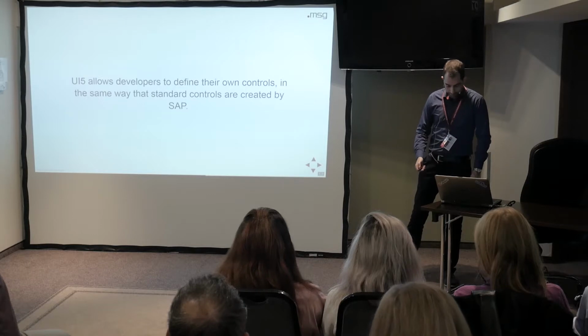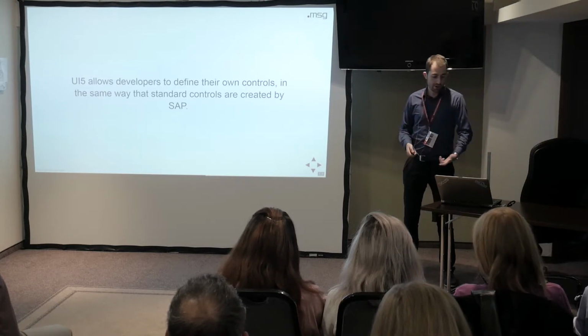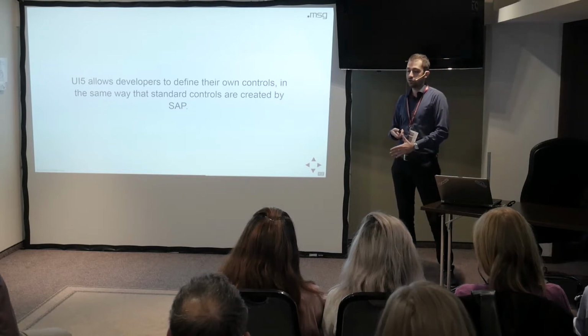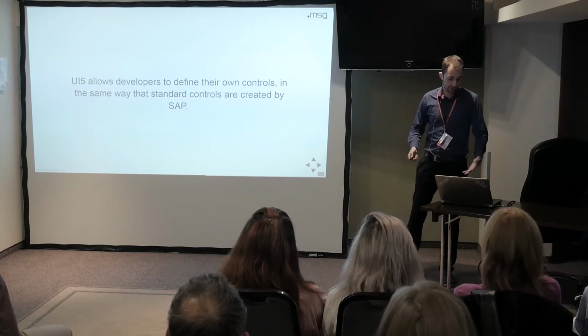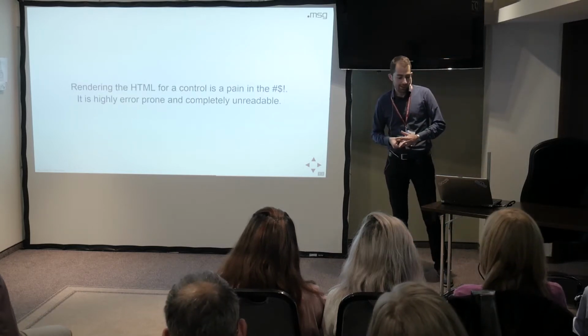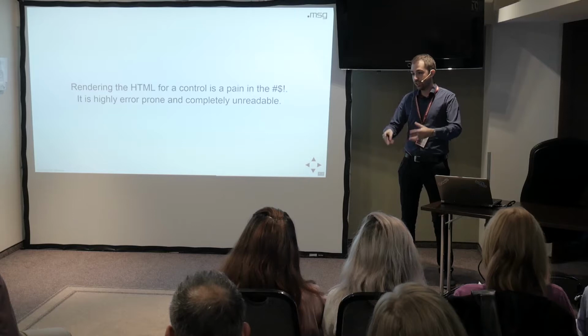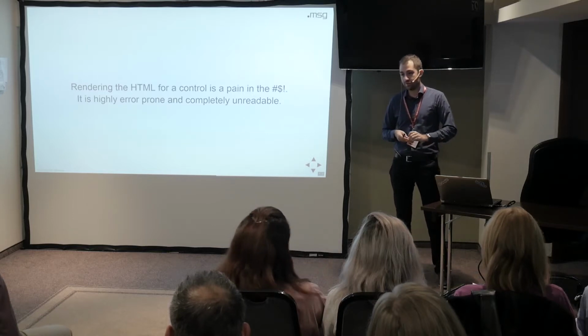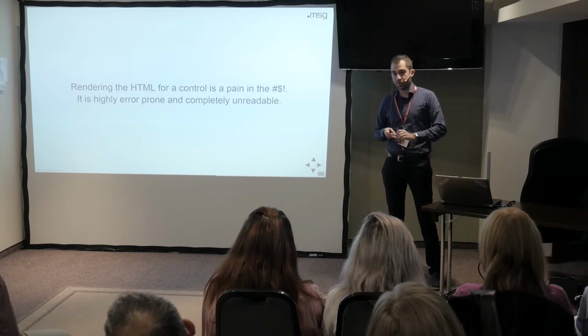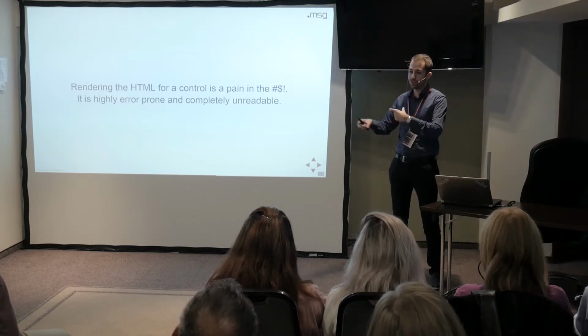Okay, good. So we can define our own controls, and it's the same way in which SAP defines controls. So we don't use a different mechanism, basically. And rendering this HTML, so really writing the HTML in UI5 is very, very horrible. The problem is that UI5, to render this HTML, has to concatenate a lot of strings.